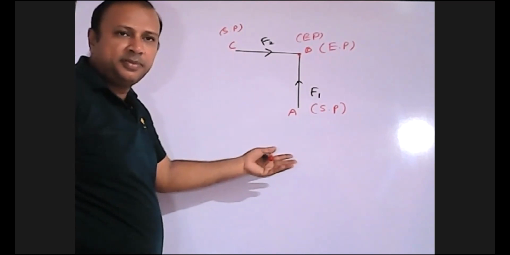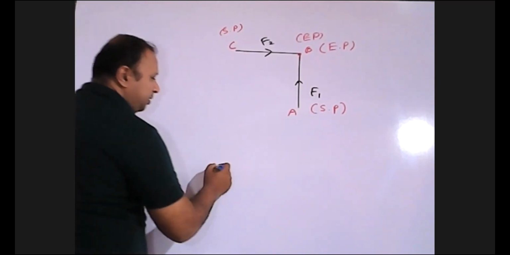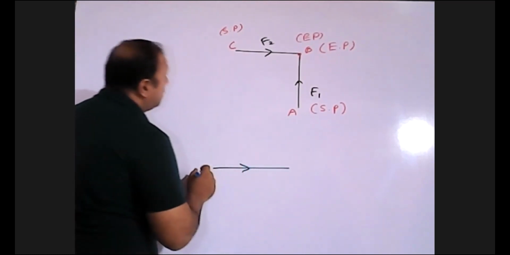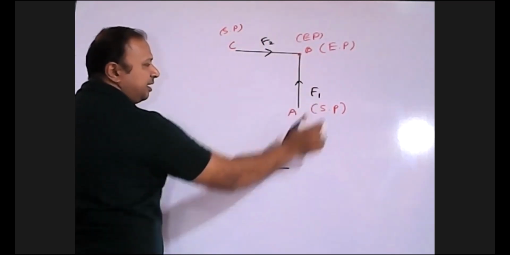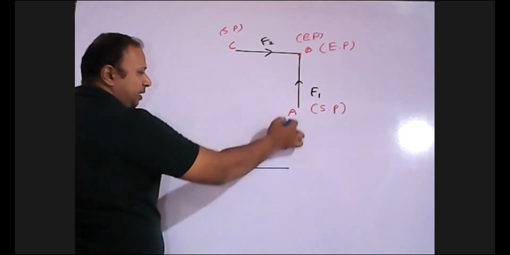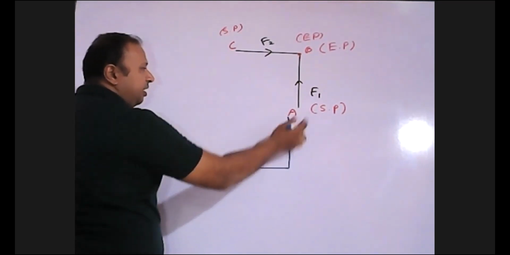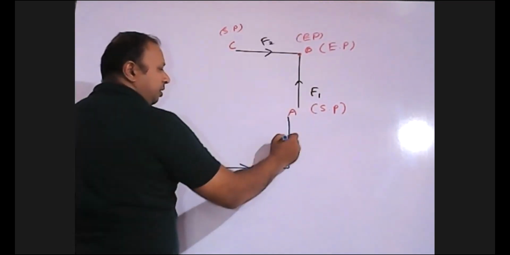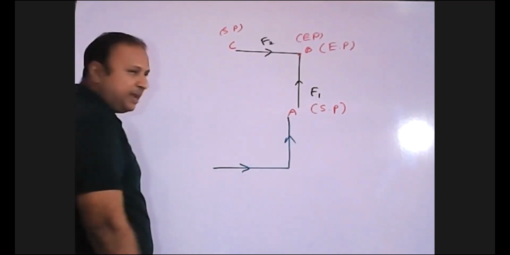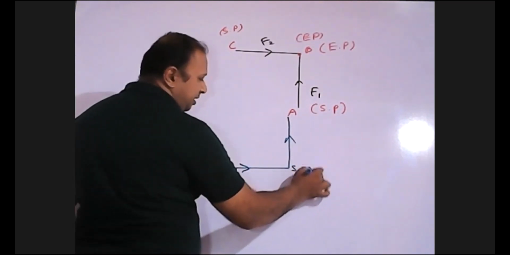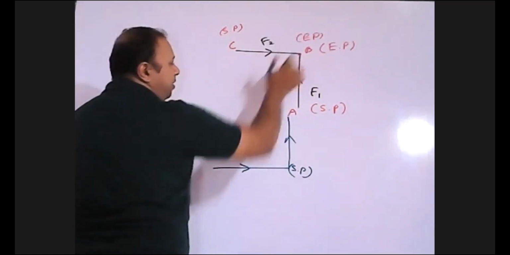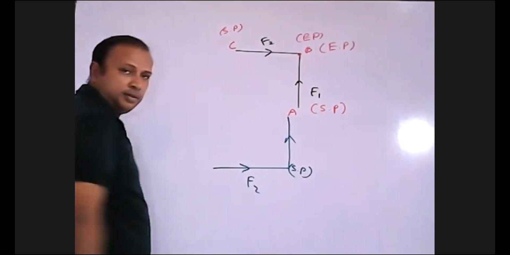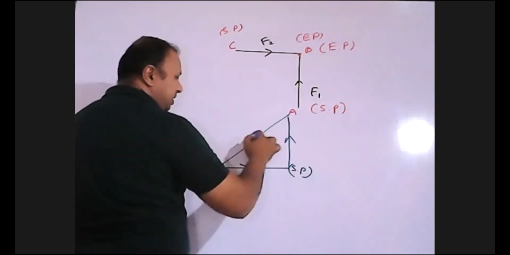That is the rule. Therefore, you have to shift F1 upward. Then the starting point of F1 will coincide with the end point of F2, and you will have the same result.